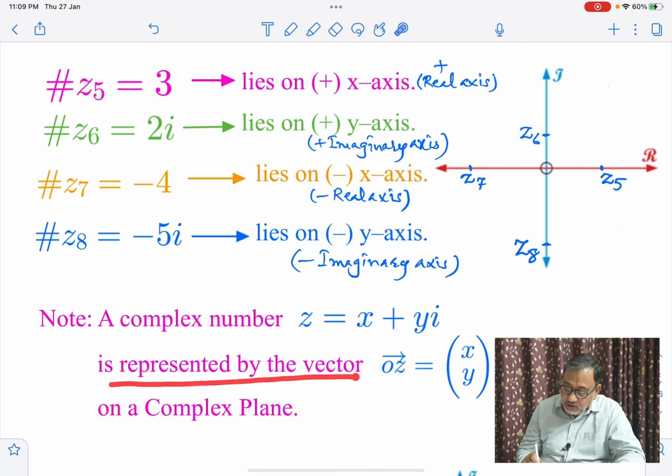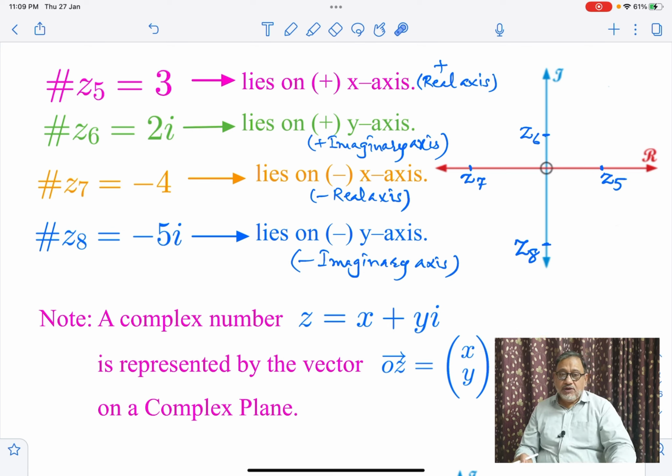Now note that a complex number z is equal to x plus yi is represented by the vector OZ, which is given by the column vector x comma y. X is the real part and y represents the imaginary part. Okay. So a complex number can also be represented by a column vector x y, because on the complex plane a complex number shows us the direction where it is.